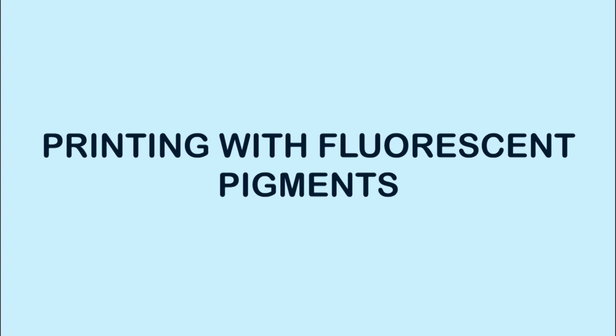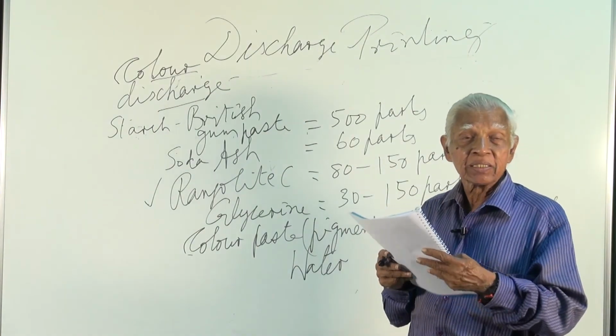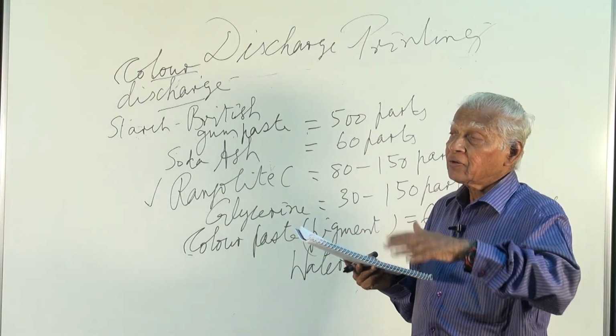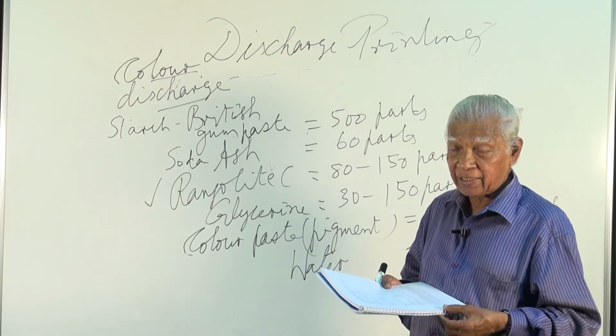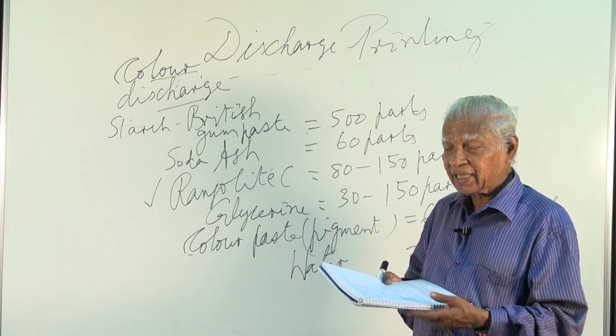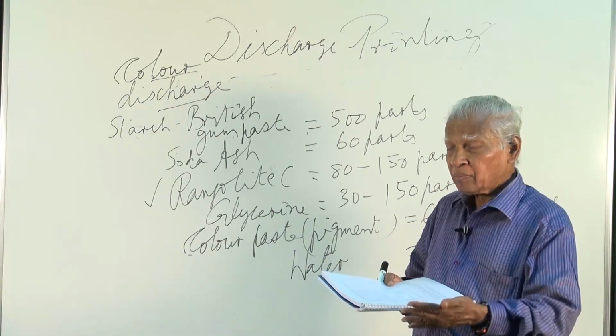Now we shall give you some information about printing using fluorescent pigments. Fluorescent pigments are used for taking advantage of the light that is falling on that. Even fluorescent dyes are used in cases where the purpose is required.